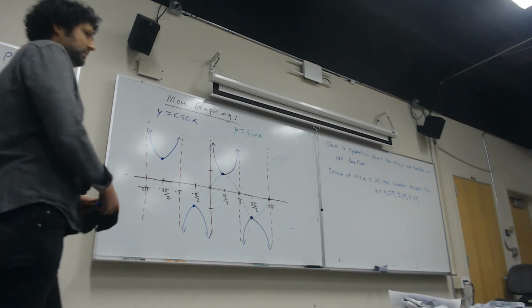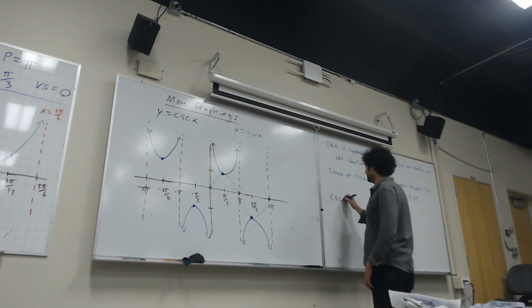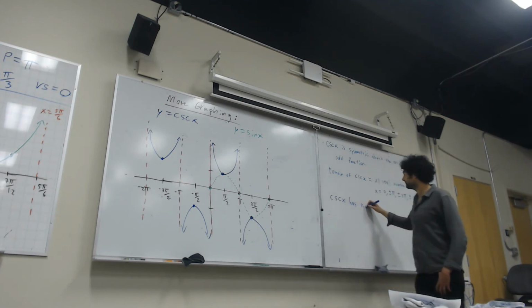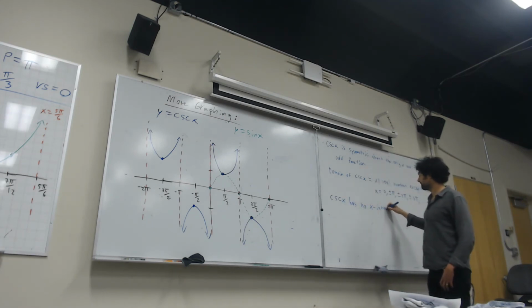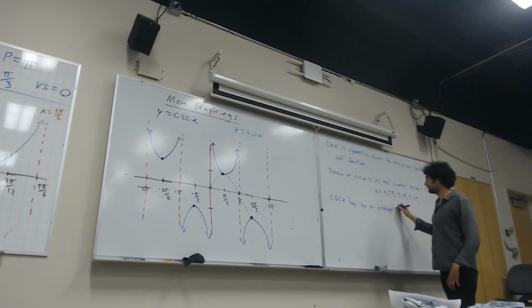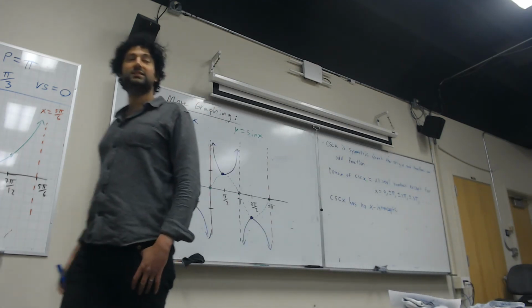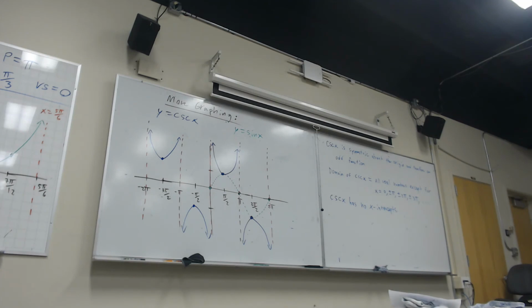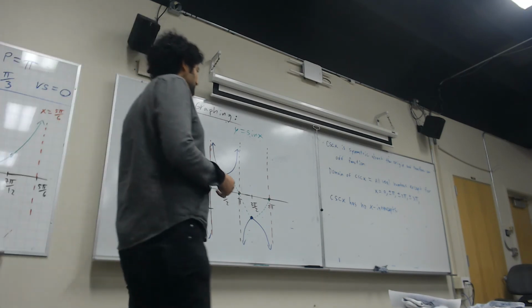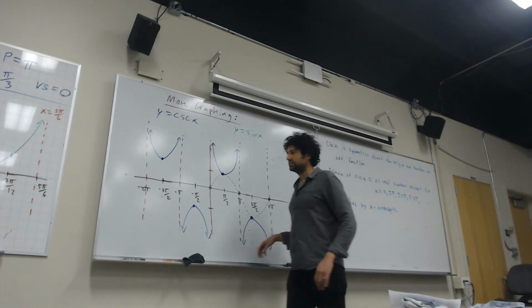Does it? No x or y intercepts, right? No, it doesn't. Why? Because sine is never undefined. The only way cosecant could have an x-intercept is if sine was undefined, because the reciprocal of undefined is 0, but sine is never undefined.